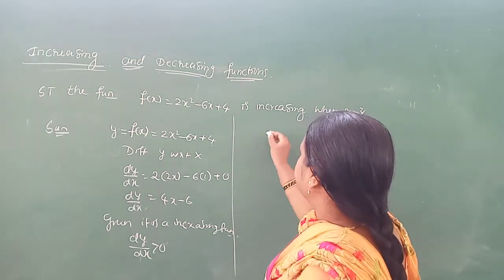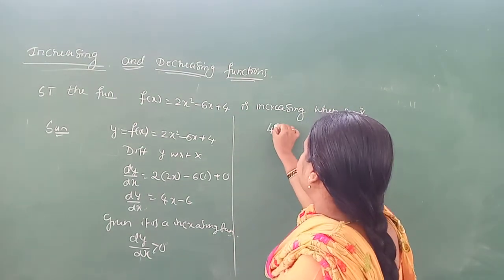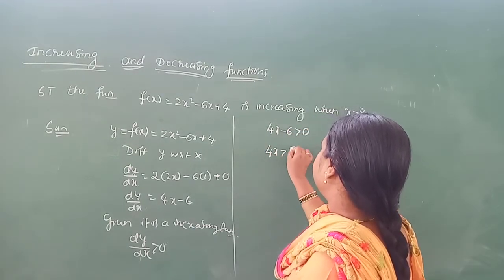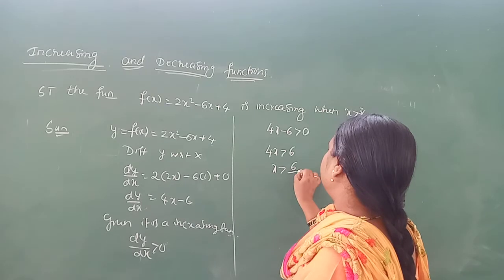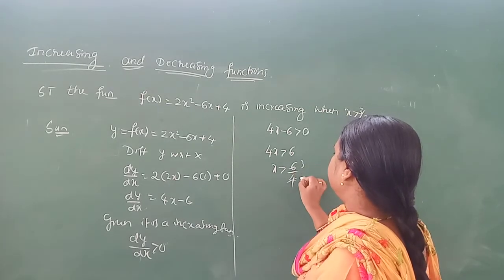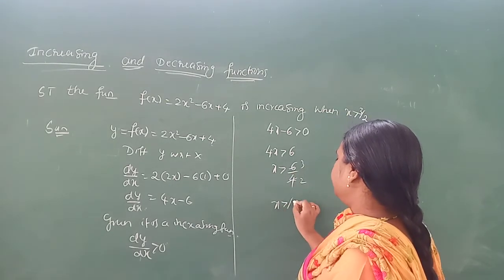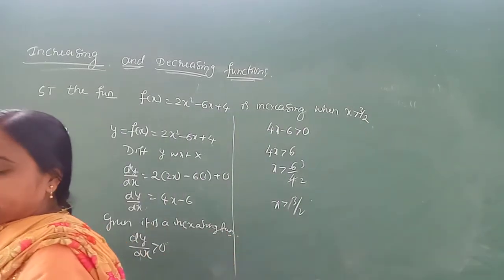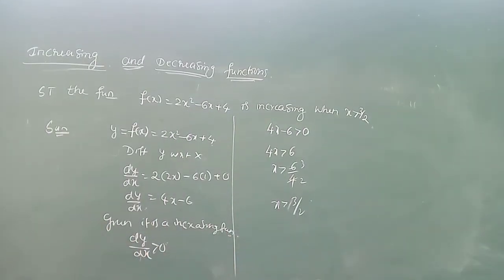Dy by dx greater than 0 is nothing but 4x minus 6 greater than 0. 4x greater than 6, x greater than 6 by 4. Dividing by 2, x greater than 3 by 2. We prove this, but we have to verify whether it holds good or not.